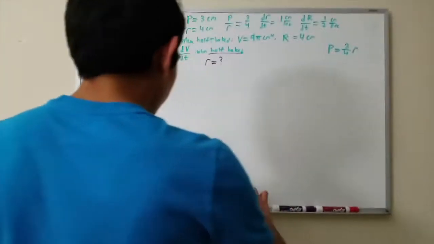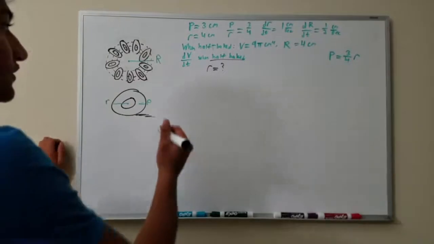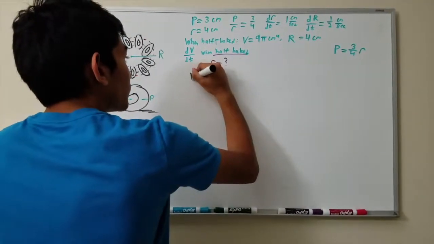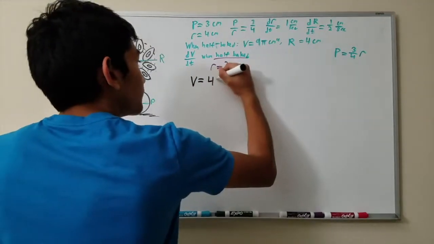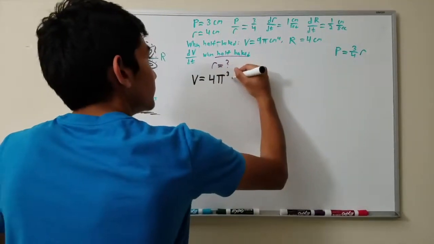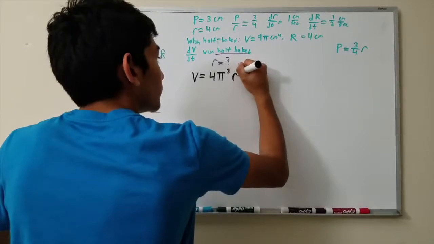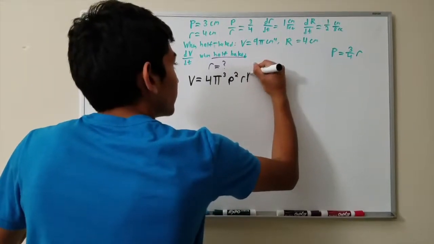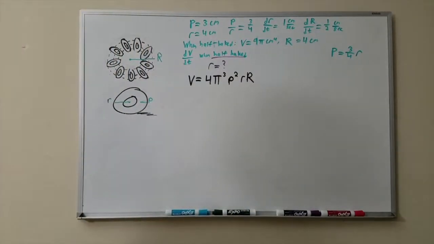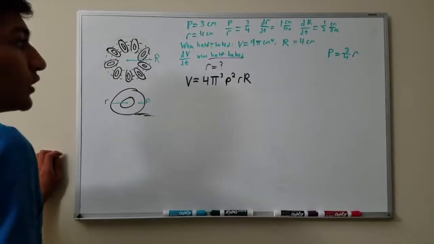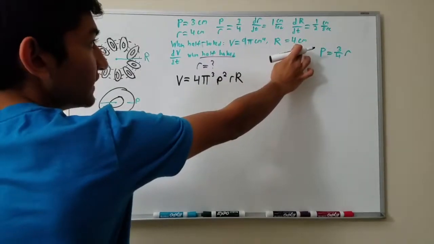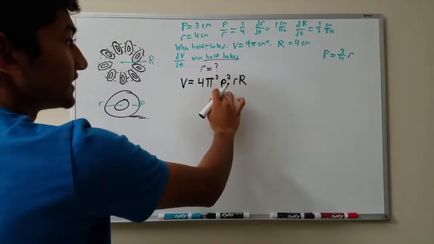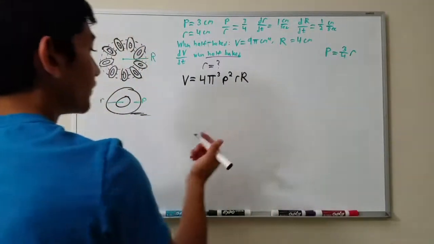So let's plug in the equation for the four-dimensional volume, which as we know from before is 4 pi cubed p squared little r times big R. Now we only know what r is, and we know what the volume is. So we want to take out p essentially, and we can do that using this ratio that we have.